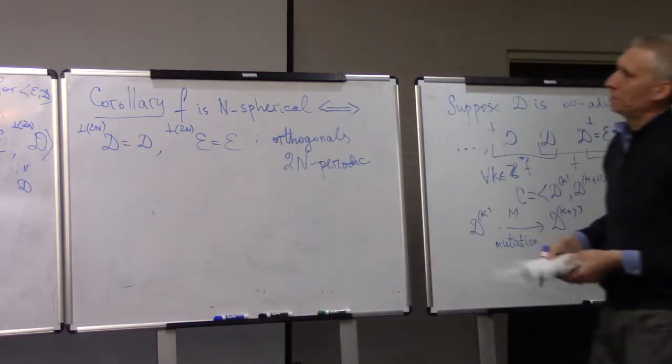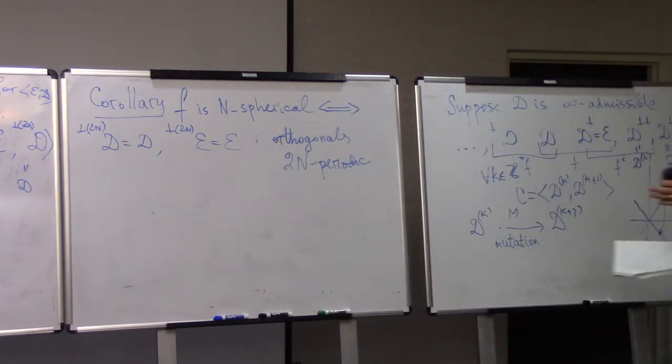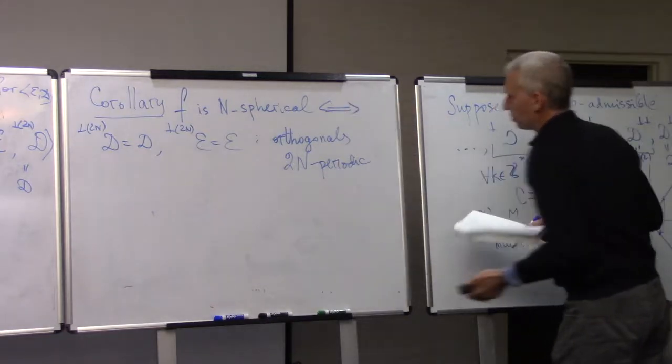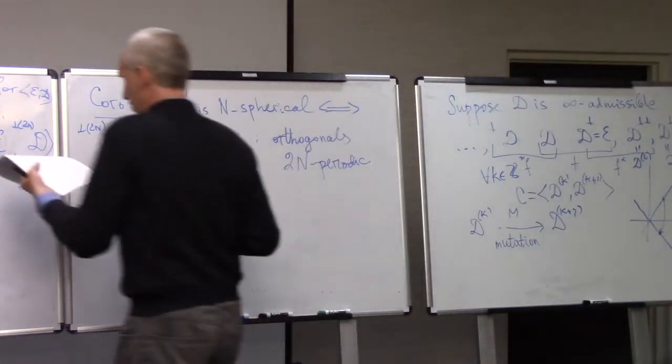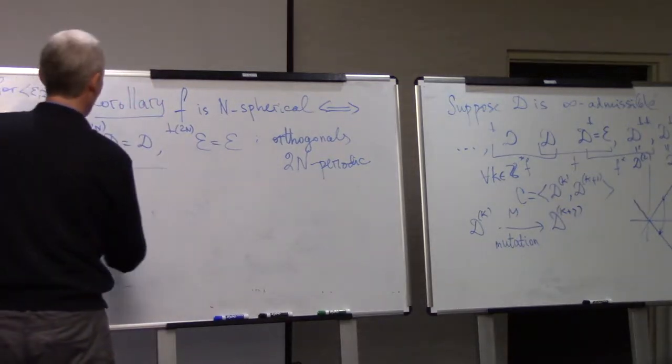This generalizes the known property of usual spherical functors that orthogonals are 4 periodic, and this is a theorem of Halpern-Leistner and Shipman.